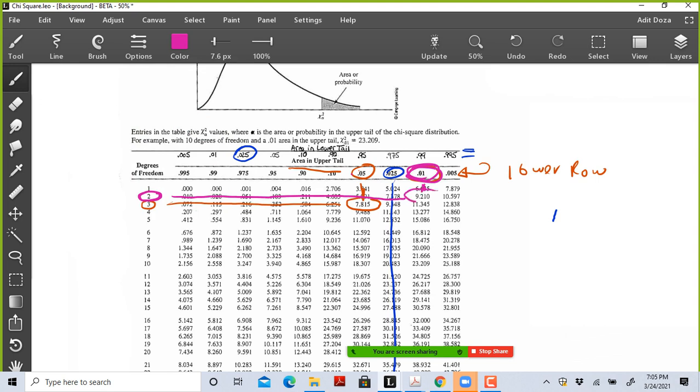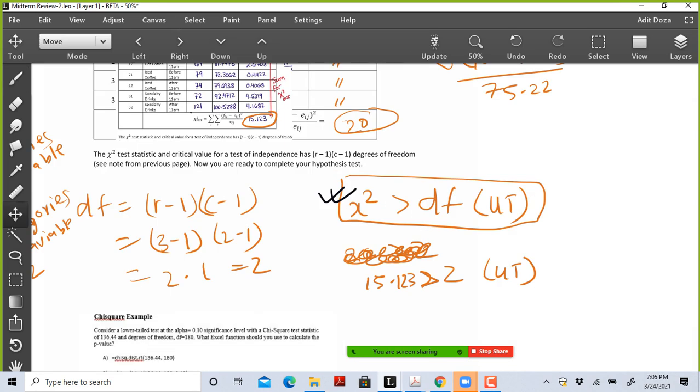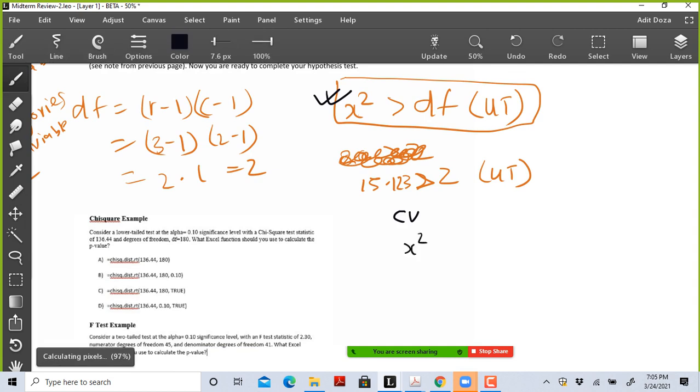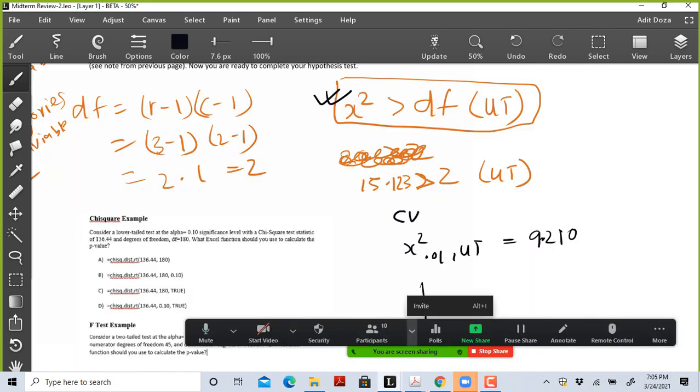What is the critical value? 9.210. Right. So our chi-square critical value, using the critical value approach, chi-square 0.01, upper tail, critical value is 9.210.